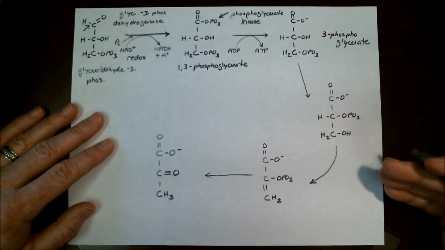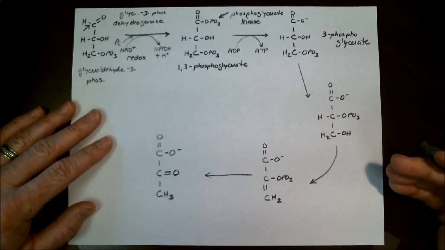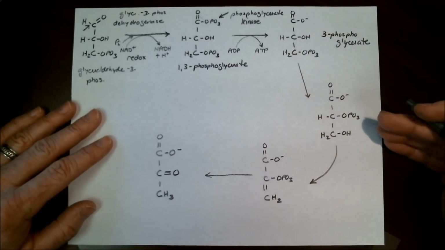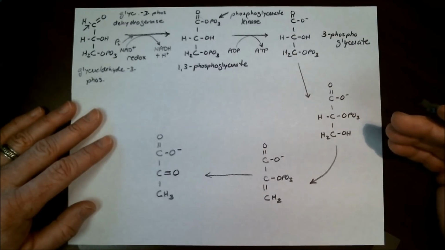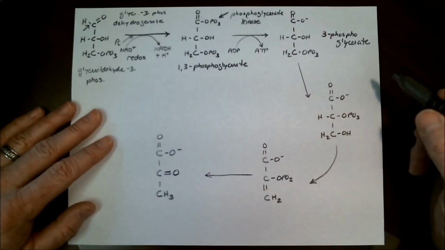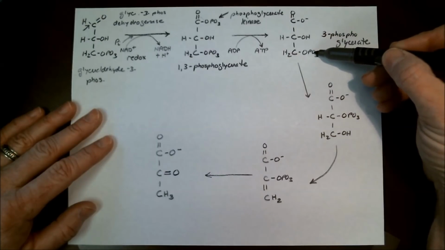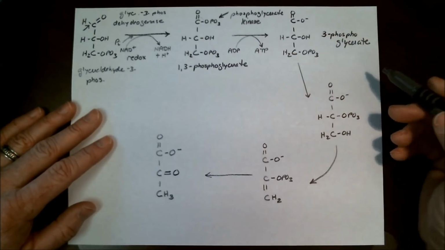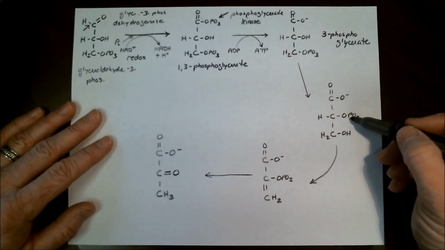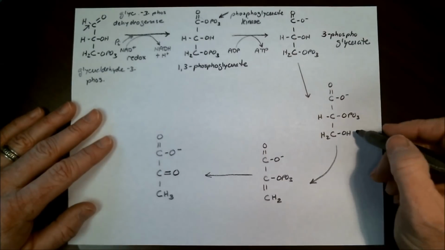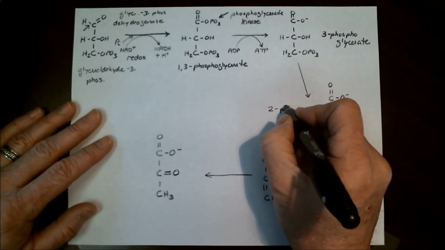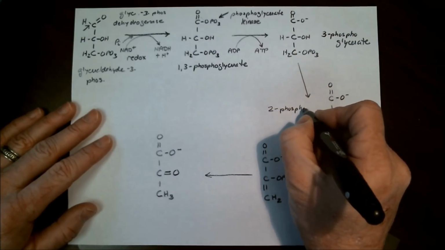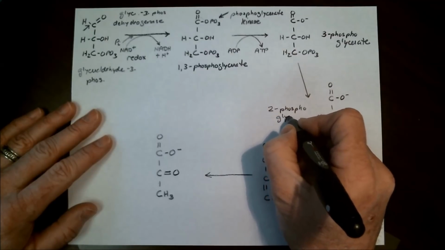Now the next two reactions are simply preparing the molecule for a higher energy state in order to generate our second and final ATP. So notice the difference here. We have a phosphate group on the number 3 carbon. In this structure, we have the phosphate on the number 2 carbon. So that makes this molecule 2-phosphoglycerate.